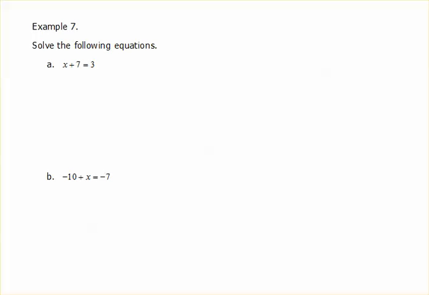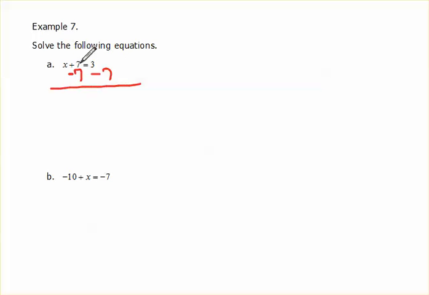And the way we do that is we always look at doing the opposite to get the variable alone and by itself. So we want to use the additive identity or the opposite of a positive 7, which we know to be a negative 7. And we can do that as long as we keep everything balanced. What you do to one side, you have to do to the other side to maintain balance.